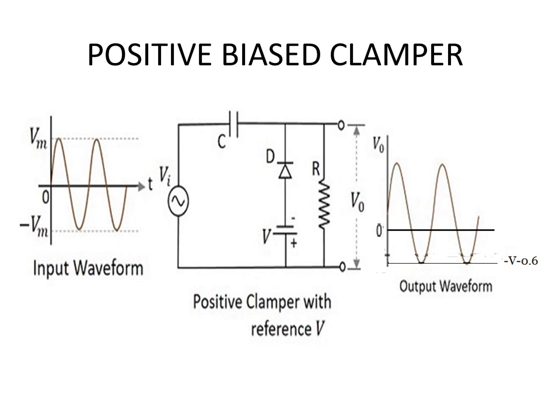But this V is actually an external battery whose voltage we'll have to adjust depending on the clamping level that we require. For example, suppose your input Vm was 10 voltage, so that means your input will go to positive 10 and negative 10, so that your peak to peak value is 20 voltage.